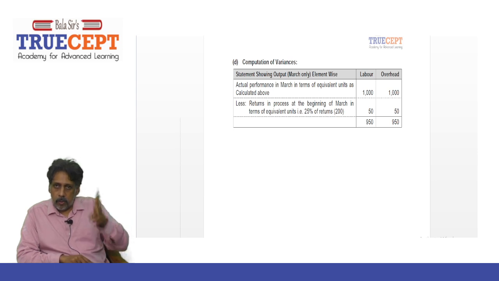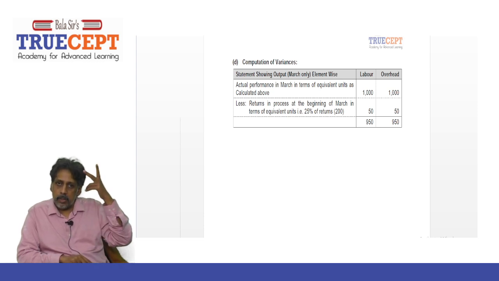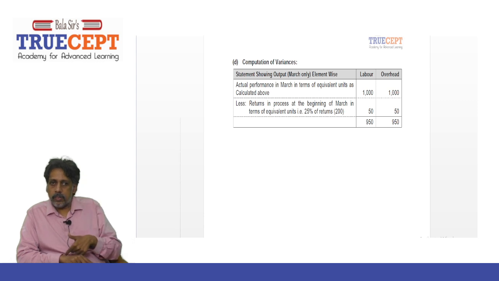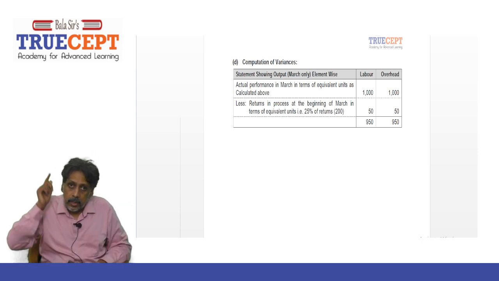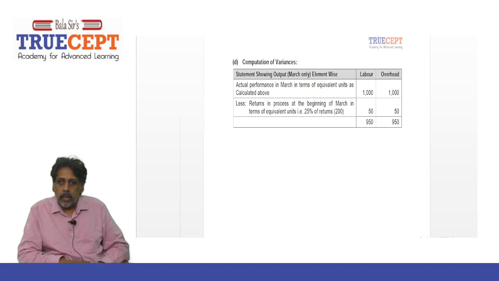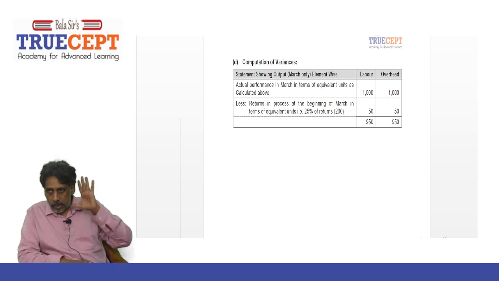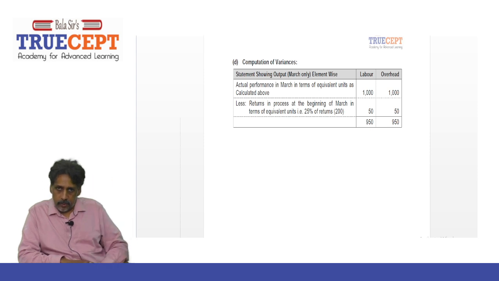Those 200 units, 25% of work has been done in the previous month. That is month Feb. So remove those units and get the equivalent units completed in the month of March, which is 1,000 minus 50, so 950 units. You have to get this right. Then only start working out variances. Is that fine? Yes, sir.